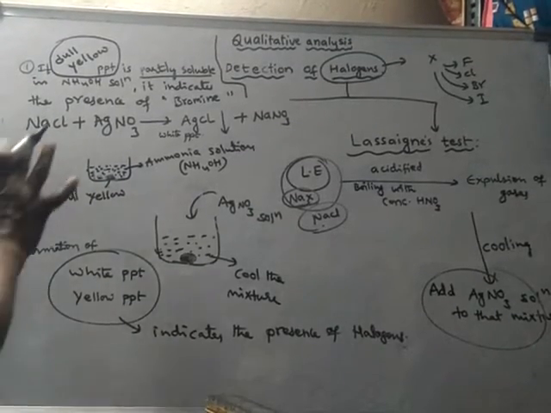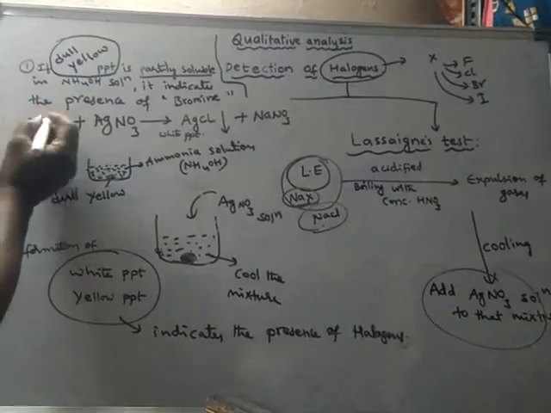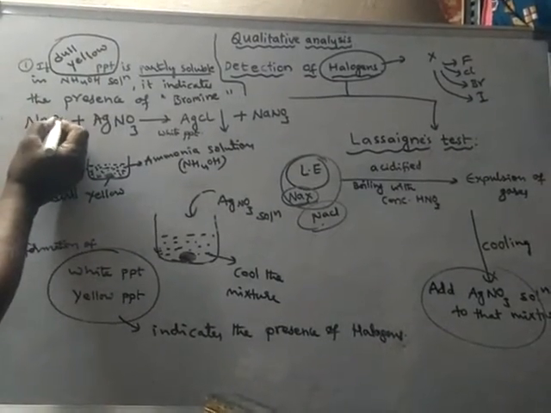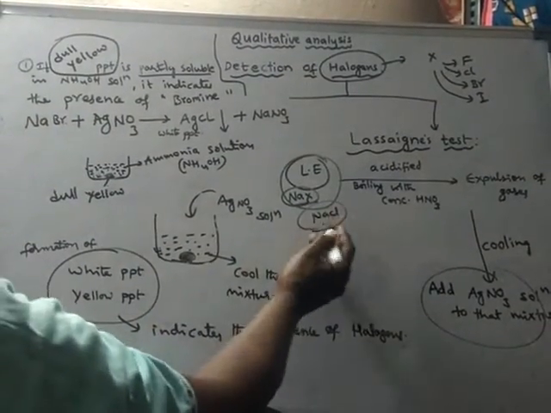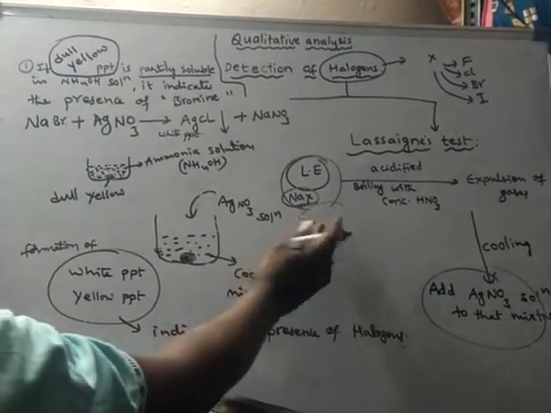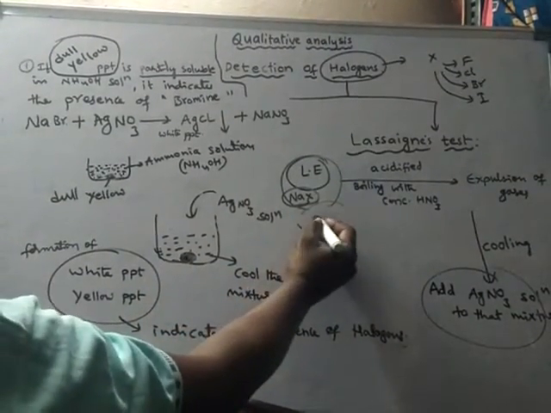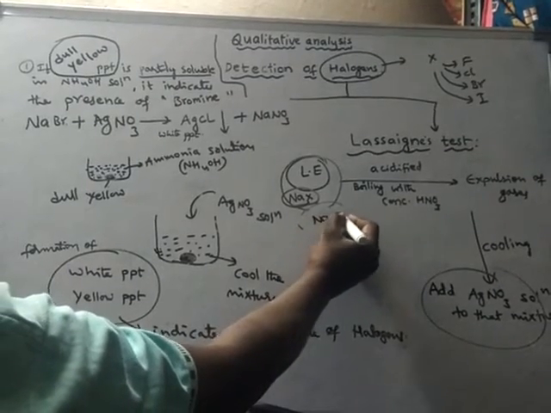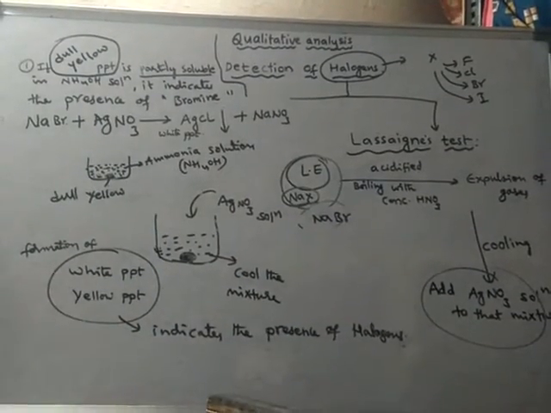Okay, so now the reaction will be like this, NaBr, because if it is a yellow precipitate, dull yellow precipitate, then the Lassaigne extract must be having sodium bromide.